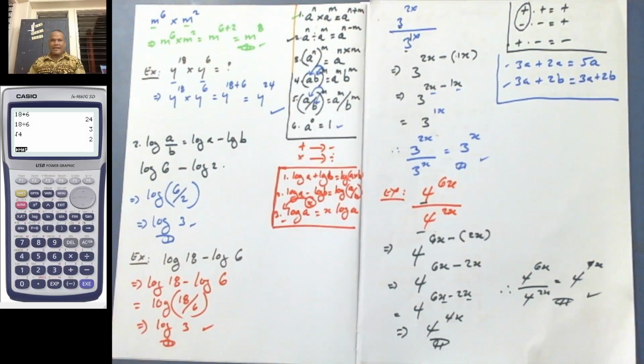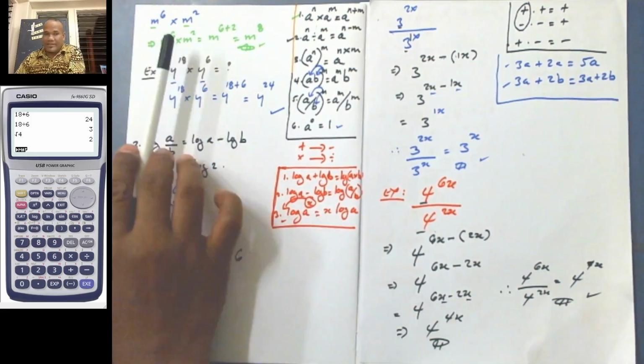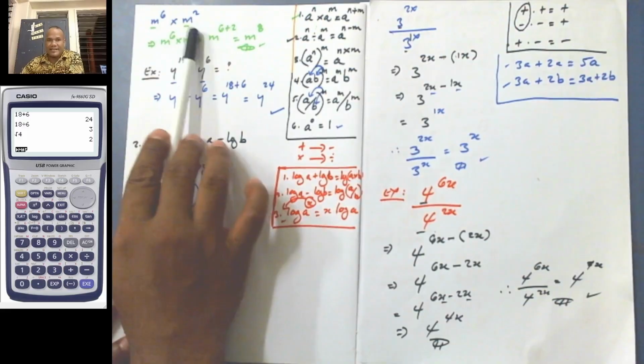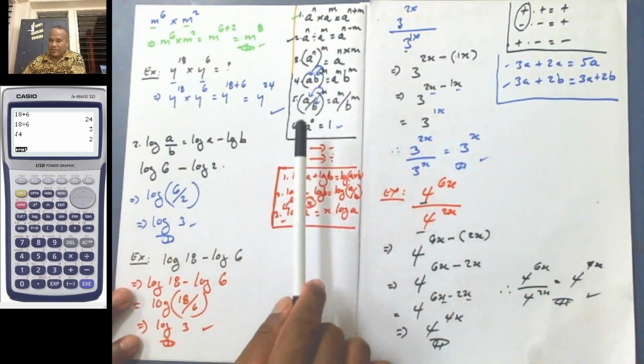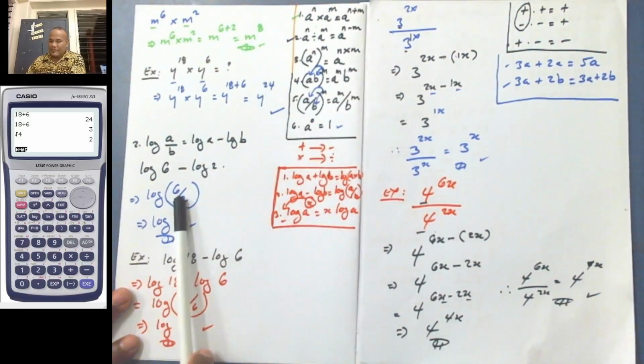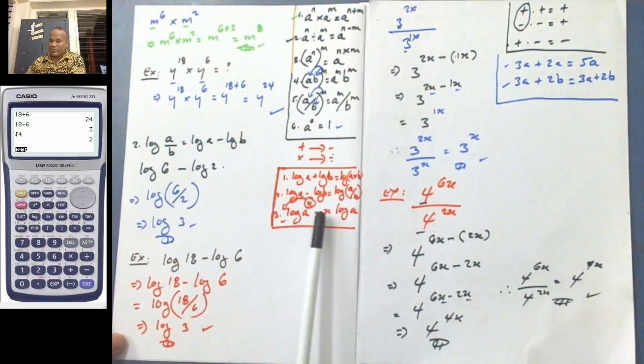That's the end of our discussion today. Just to summarize, for question number 1, whenever you come across base index, we use the base index formula or the laws of index. If we come across logarithm, we'll use the laws of logarithm.